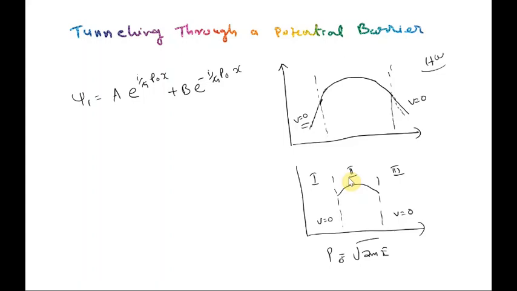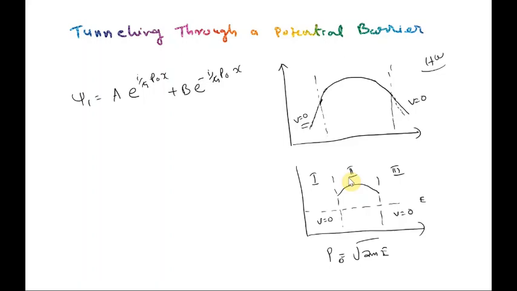Now, if you're thinking of a classical case, when you have a potential well like this, and you have a particle which has energy, let's say something like this is the energy, which is lower than this potential, you never expect that particle to cross this boundary.